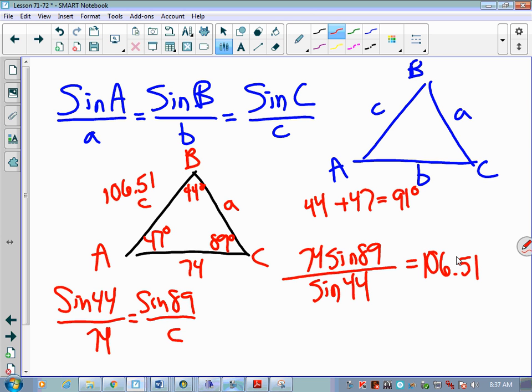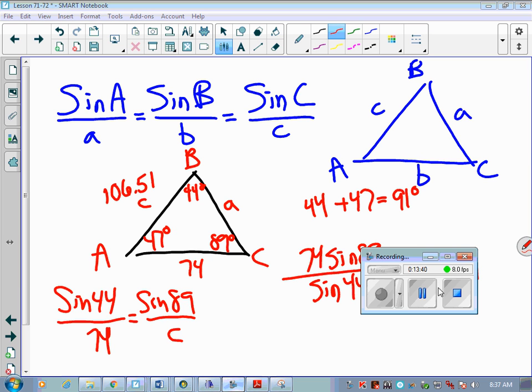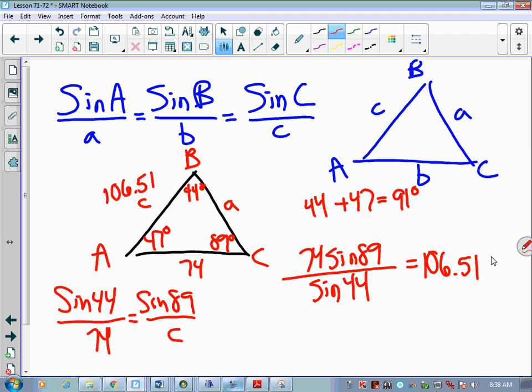All right, so for this last part, even though we found 106.51, I wouldn't use it. When we get to this situation, I want to find side A. I'm going to continue to use sine 44 over 74 because that was given information.